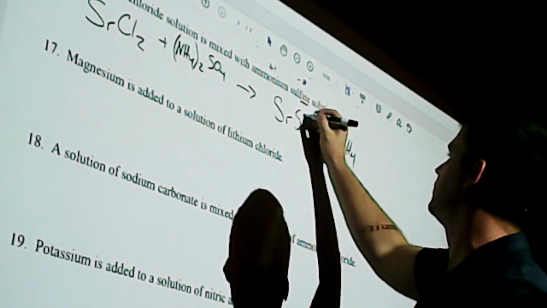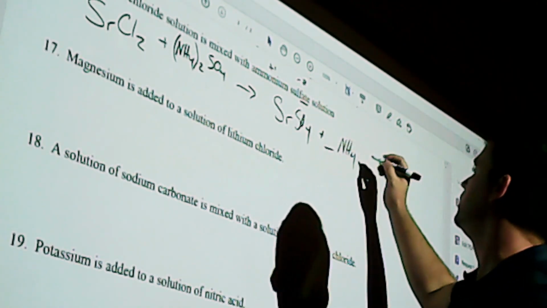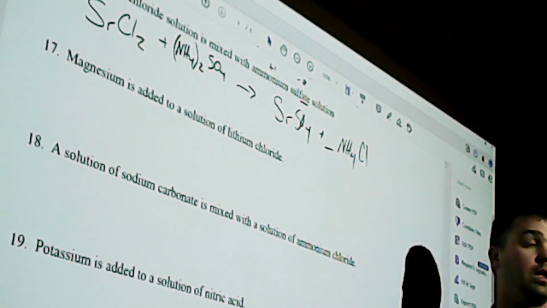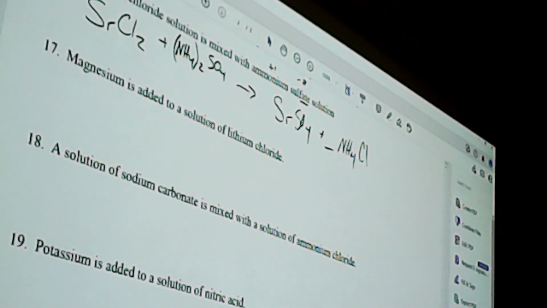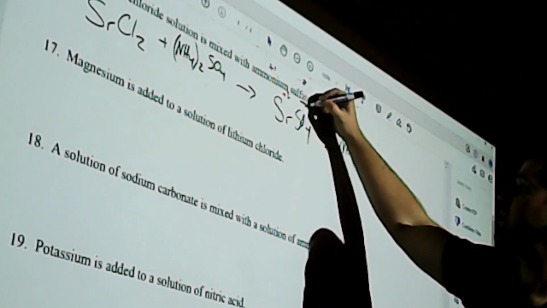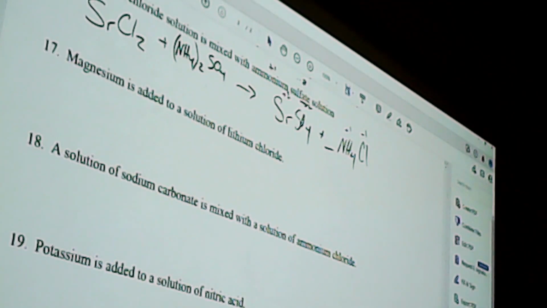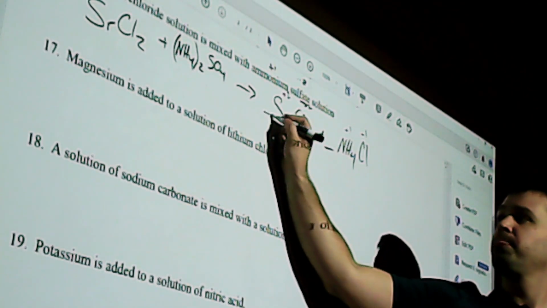So Sr is with SO4, that's added to NH4Cl. Now, what I have not done yet is cross up my oxidation numbers. So, +2, -2, +1, -1. When I cross all of those up for each term, they cross each other out. So this is what I'm left with.